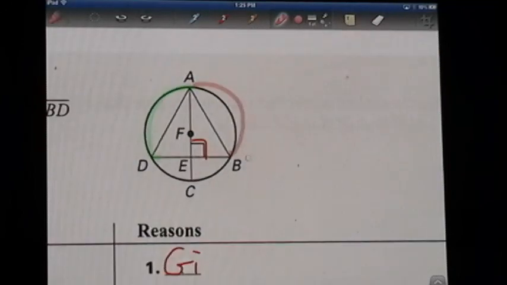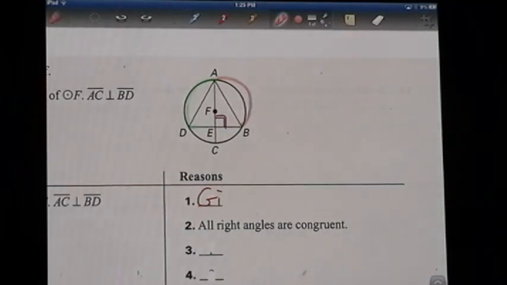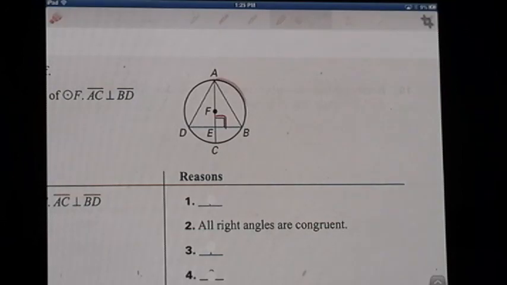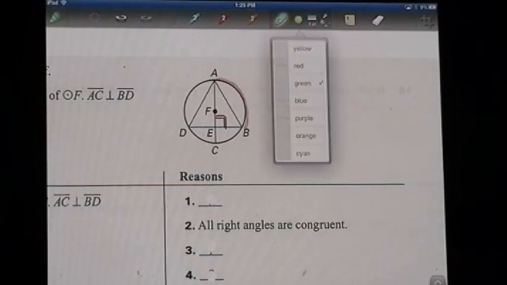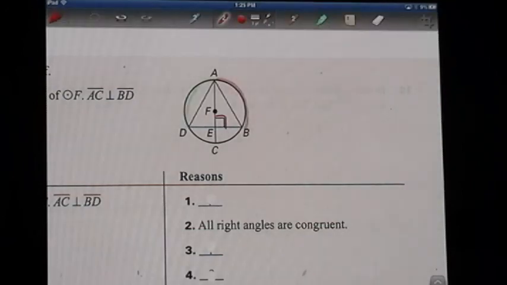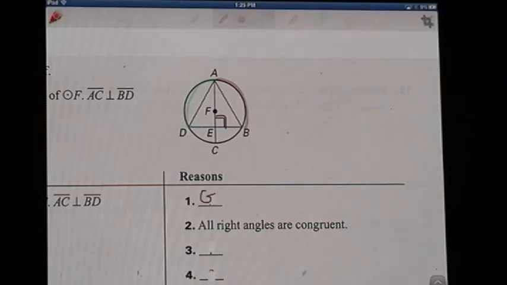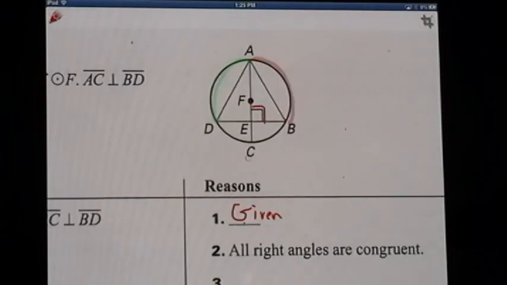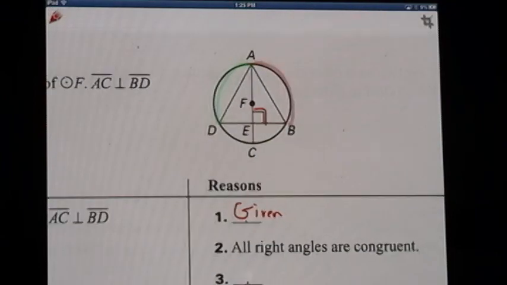Whoops. I erased given. Okay. I'm going to mark that stuff back. I didn't like the way that my arcs looked. Put that back in. Given. Okay, now we said the only right angles that had to do with these arcs were AEB and AED.